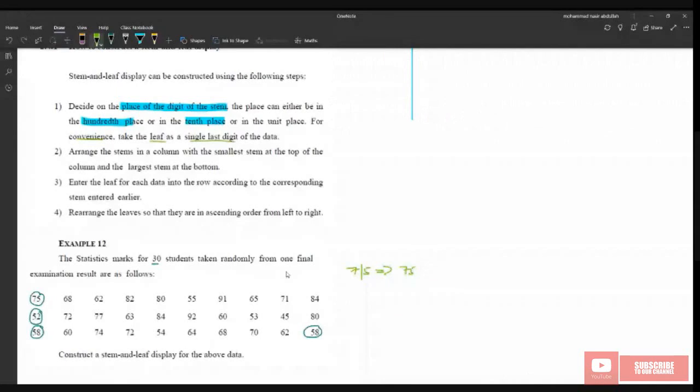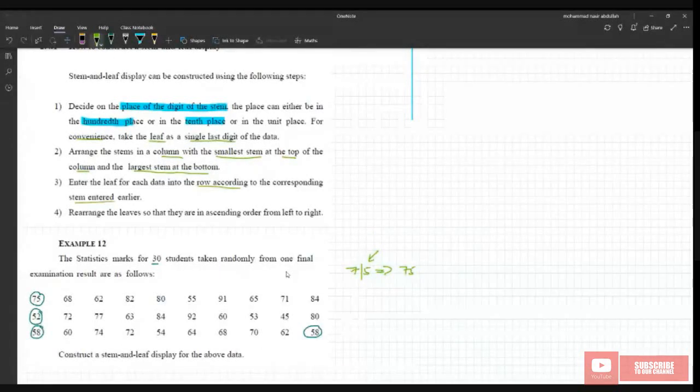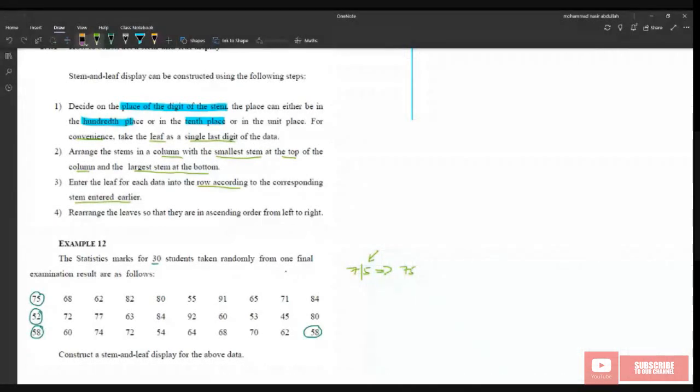So arrange the stems in a column with the smallest stem at the top of the column and the largest stem at the bottom, right? Then enter the leaf for each data into the row according to the corresponding stem entered earlier. So now we will do this one first, right?